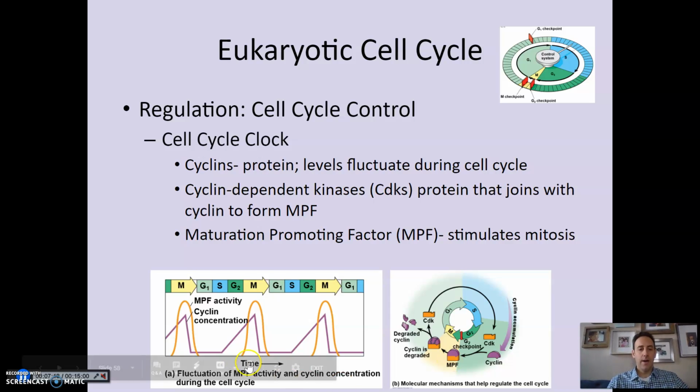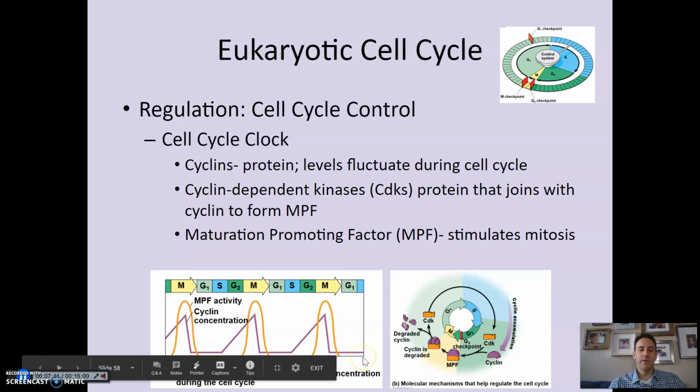Because the cyclin concentrations cycle, so too does the MPF concentration. You can see the timing of the M phase, mitosis, correlates with when MPF levels are high. Then they drop, MPF levels climb, and mitosis occurs again. So you have this rhythmic cycle specific to each cell type.